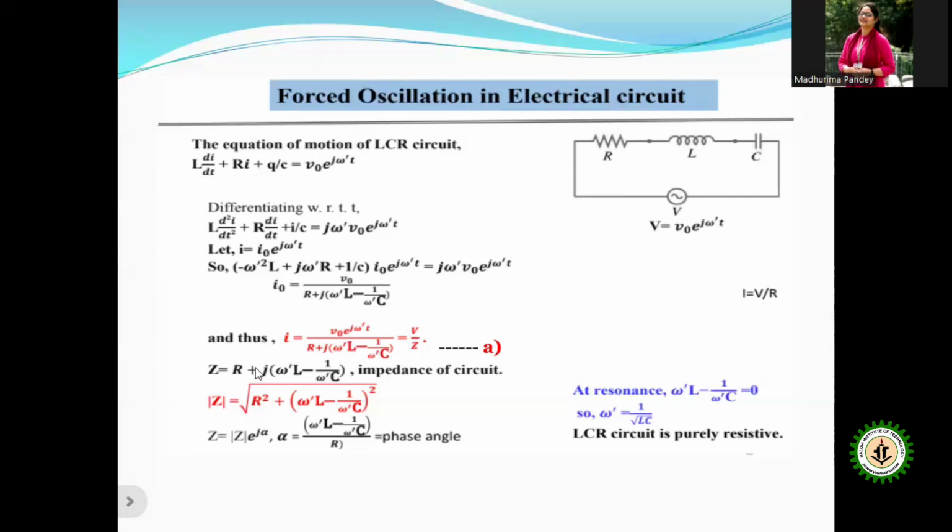What is this Z? This Z is called the impedance of the circuit. How can we define impedance? What is resistance? When a current passes through a circuit, it suffers some disturbances. That is the resistance.